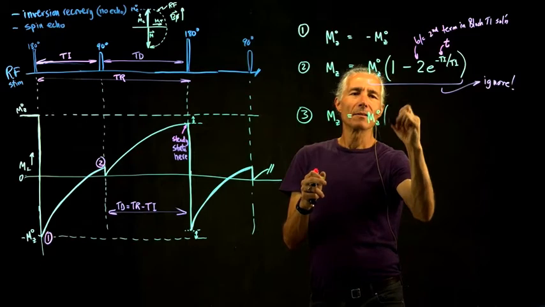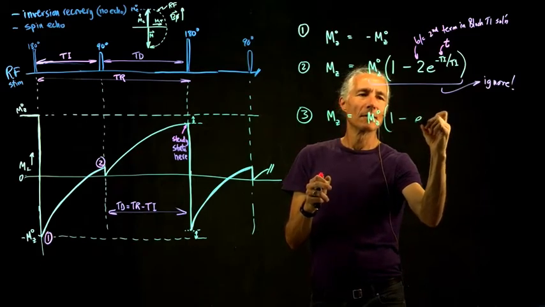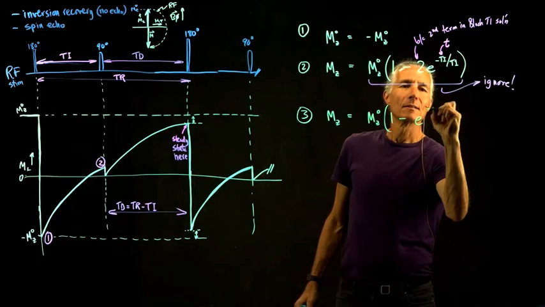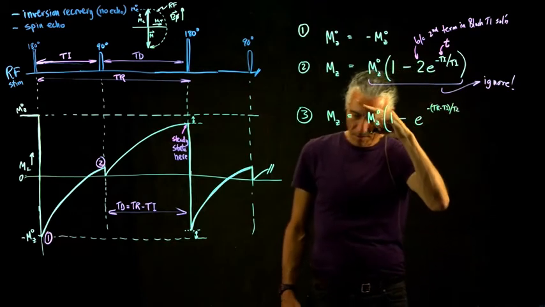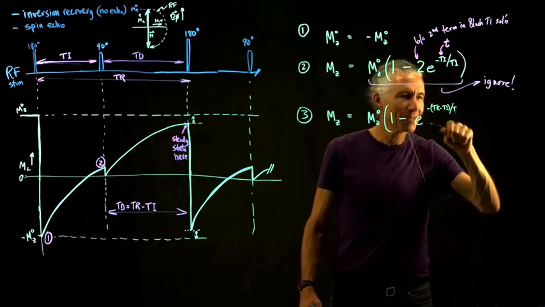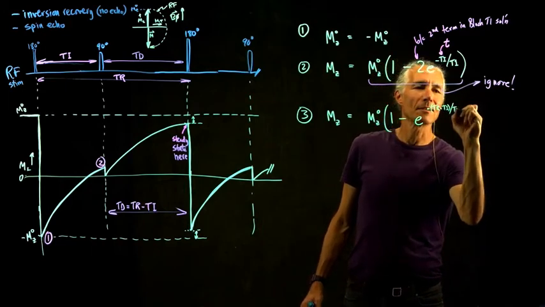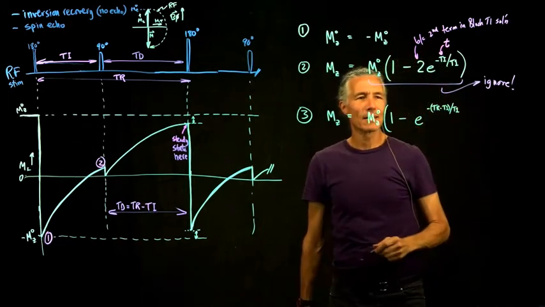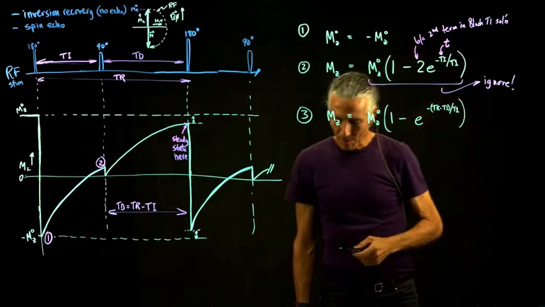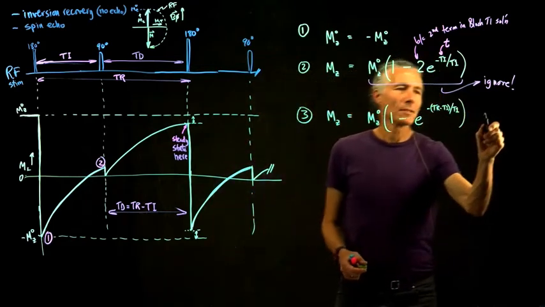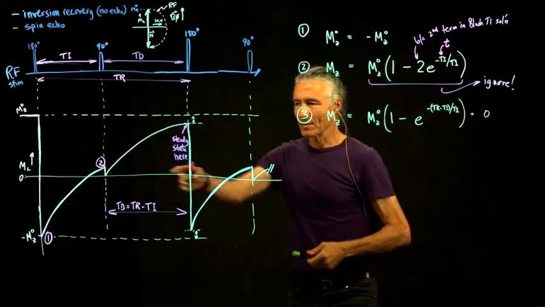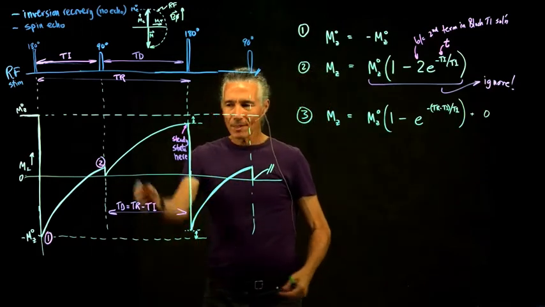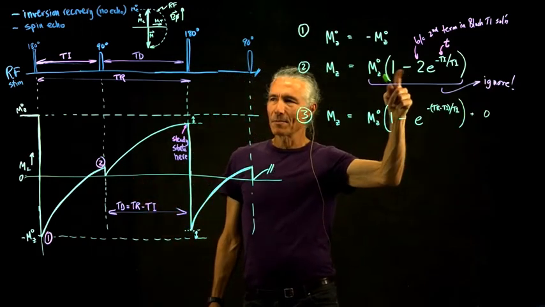So basically it's just 1 minus e to the minus TR minus TI over T1. Sorry, there's 3 different things there. So there's TR minus TI, inversion time, over T1. And then the second term is plus 0 because we're starting with 0. If we weren't starting with 0, then we would have to factor in whatever we had here.